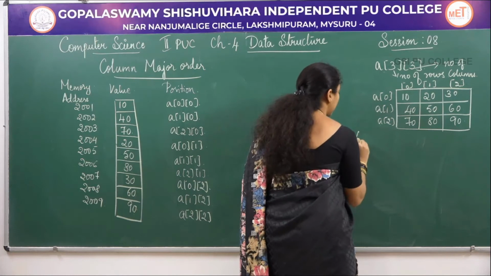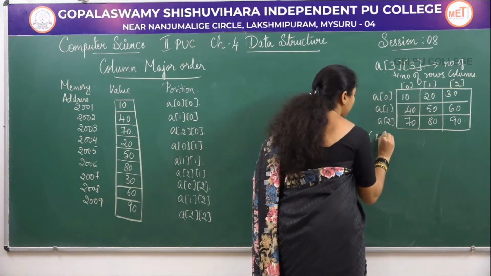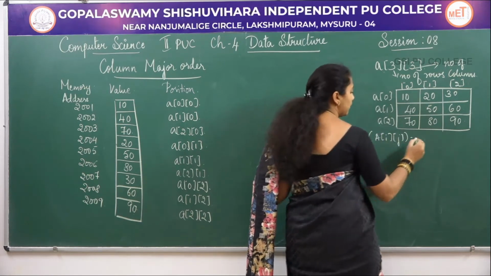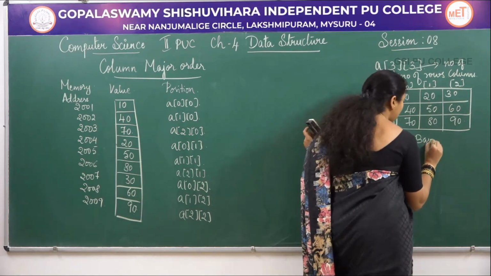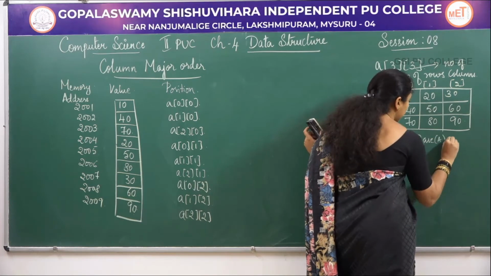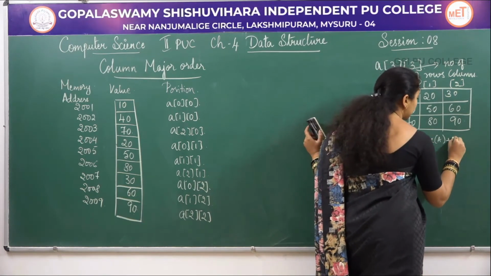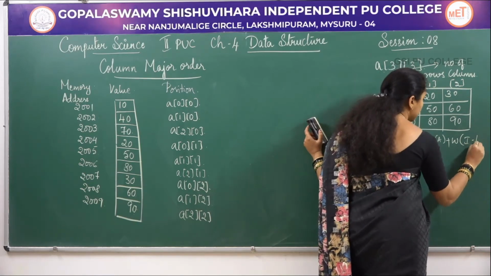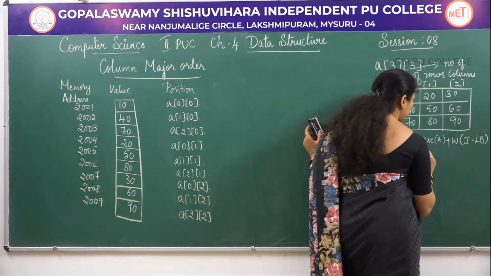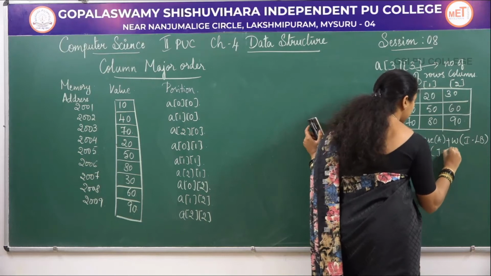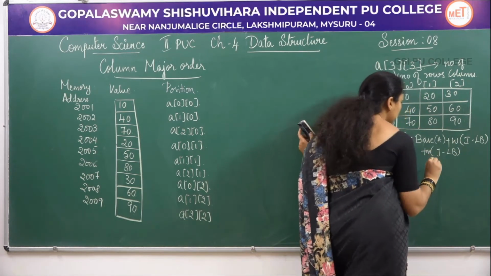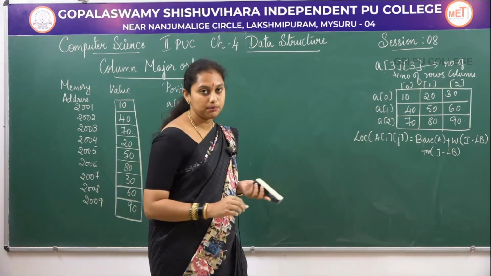That is location of A of I, j is equal to base of A plus W into (I minus LB) plus M into (J minus LB).